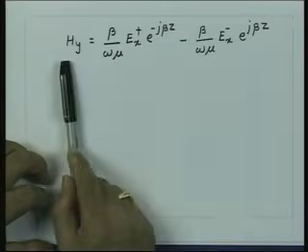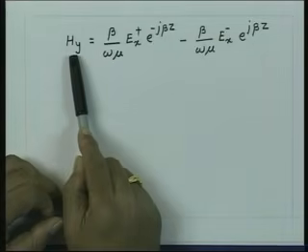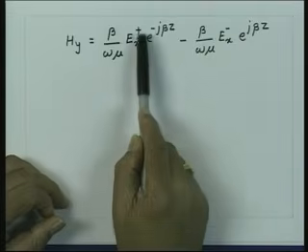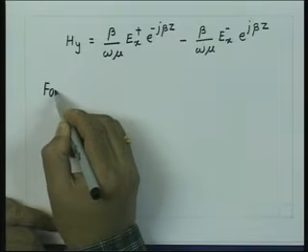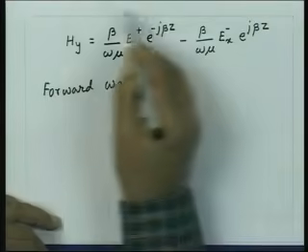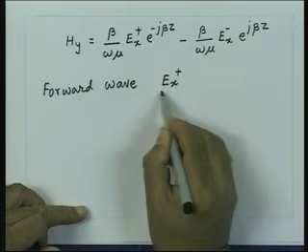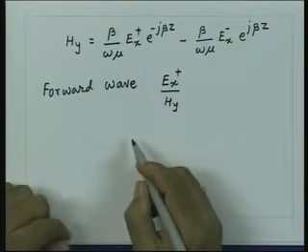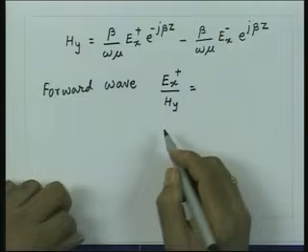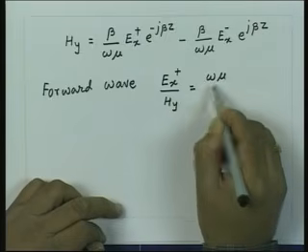So, for the magnetic field of this wave, if I take a forward travelling wave in the positive z direction, the ratio Ex plus upon Hy, for the forward wave which is given by this term, will be equal to omega mu upon beta.